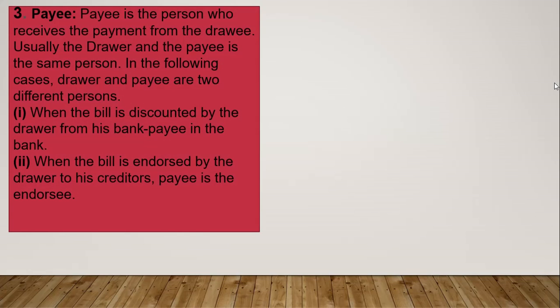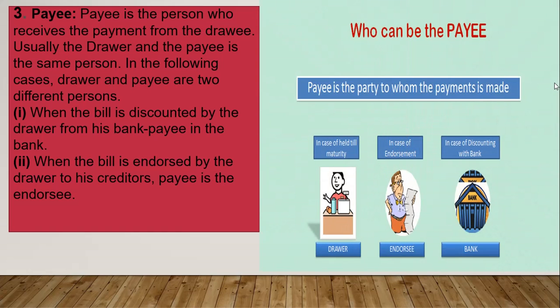Payee. Payee is the person who receives the payment from the drawee. He can be the drawer himself. He can be the endorsee in case of endorsement of bill, and in case of discounting of bill, it can be a bank.